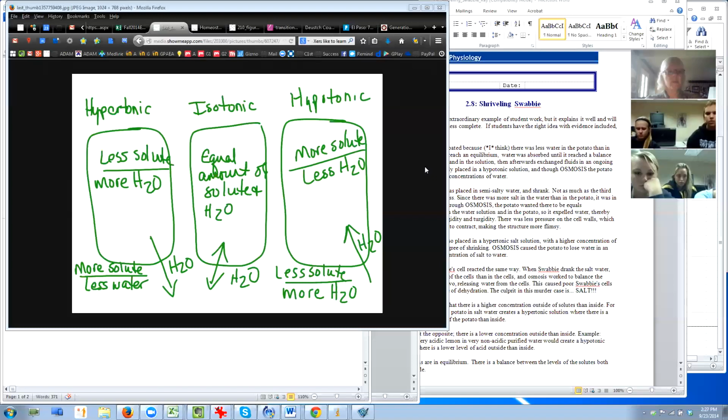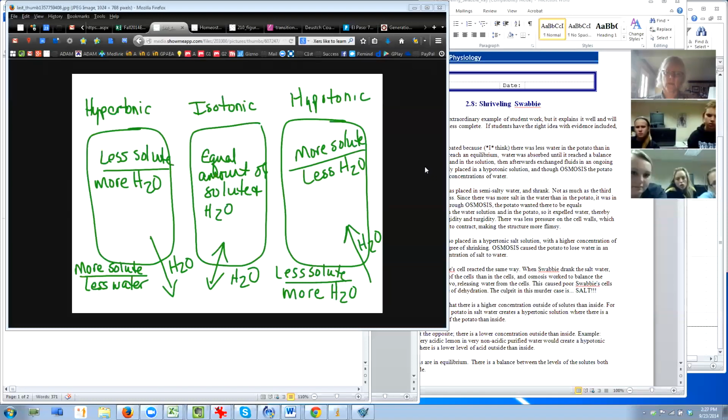So look at the green stuff on the screen there, and the big rectangles represent a cell, and a cell membrane is a semi-permeable membrane. So I want you to concentrate on the water in this image. So what is the one on the left describing? What is hypertonic?